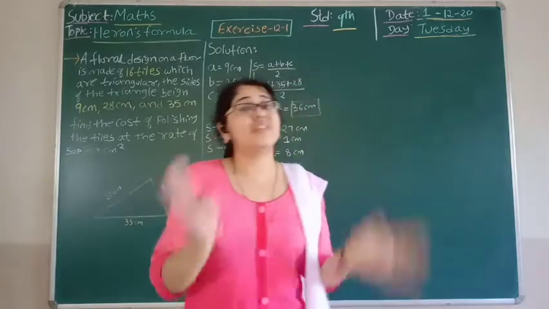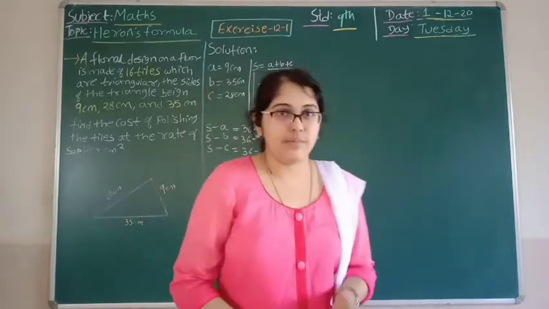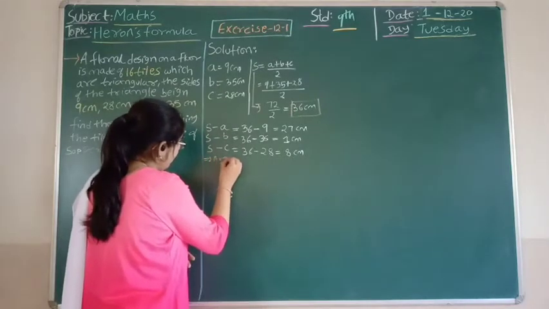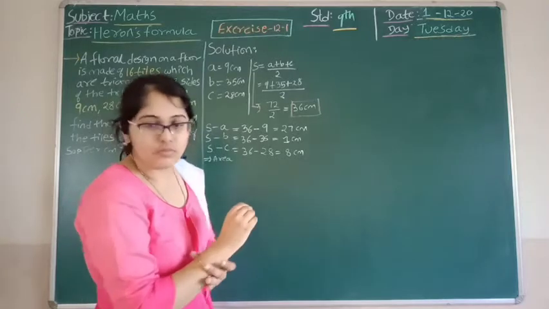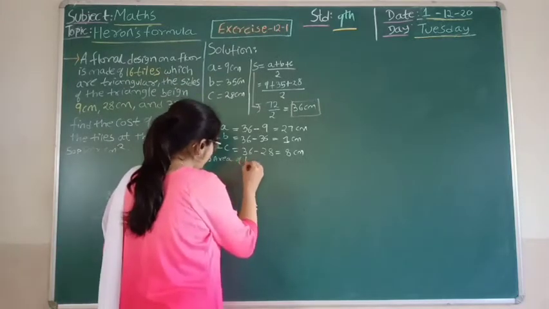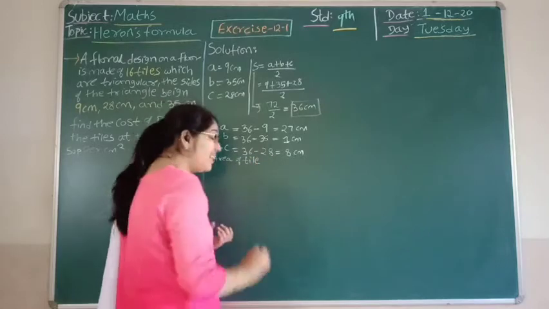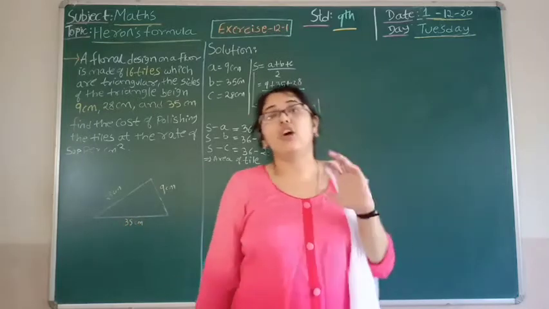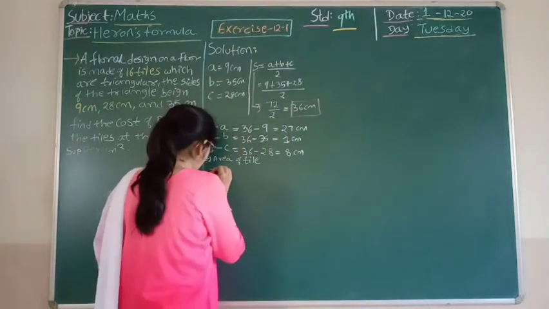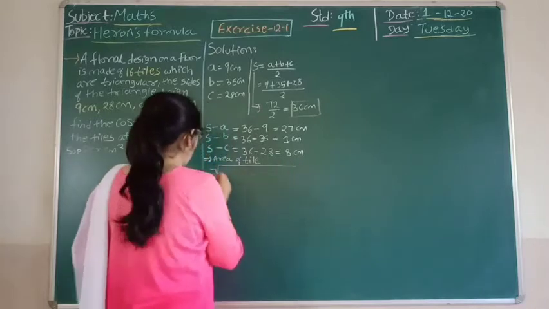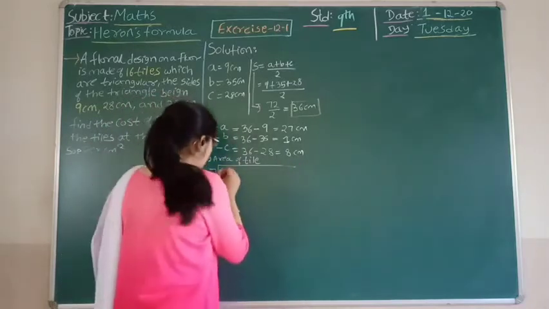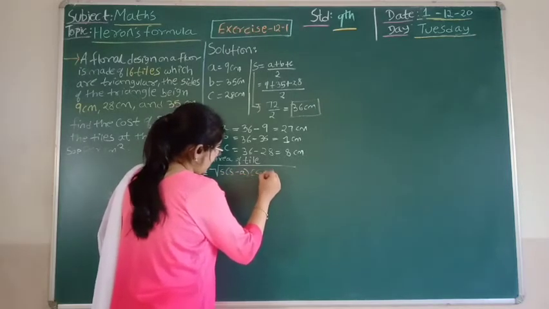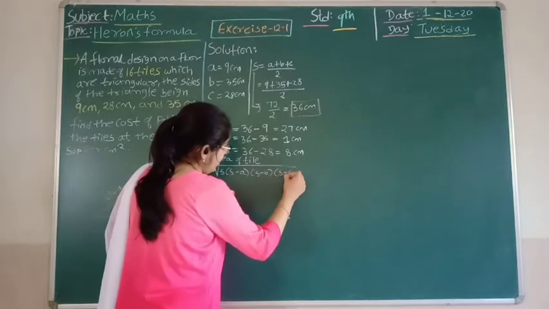Now applying all of these values in Heron's formula, the area of a tile, because we are finding the area of only one tile, is the square root of s into s minus a, s minus b, and s minus c.